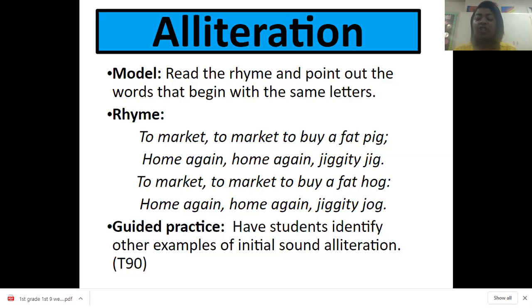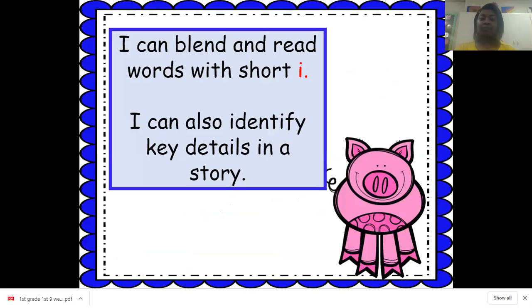For example, jiggity jig, we hear j. Both of them have j at the beginning. Jiggity jog, j, j. I hear j at the beginning of both of those words. So I want you to come up with some more examples of alliteration where you are at home or wherever it is where you are learning today.